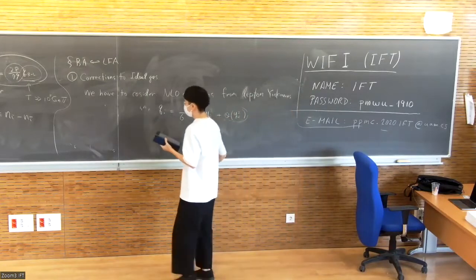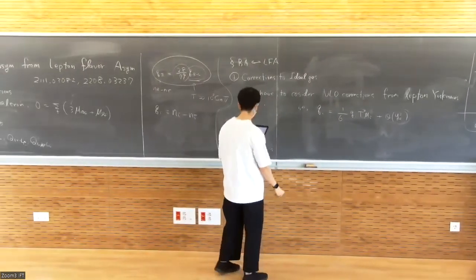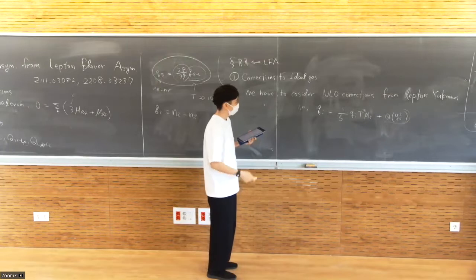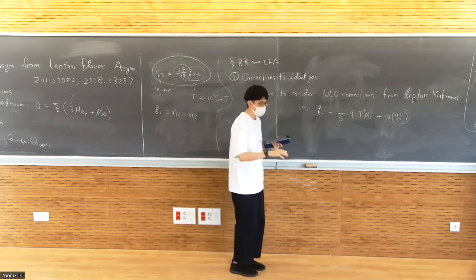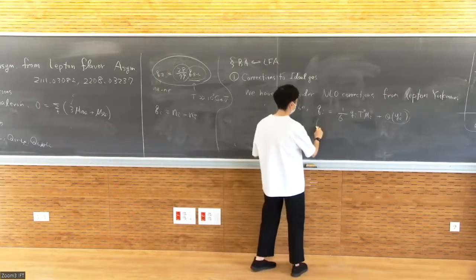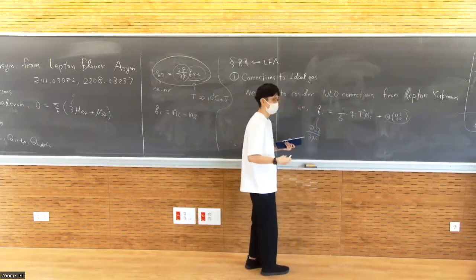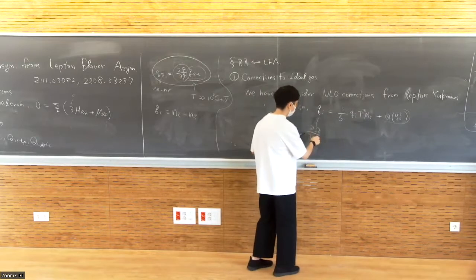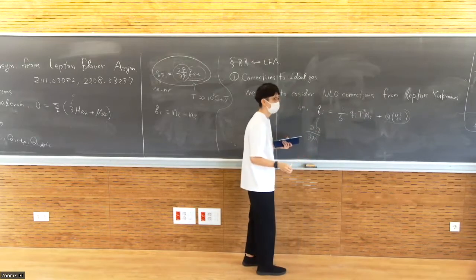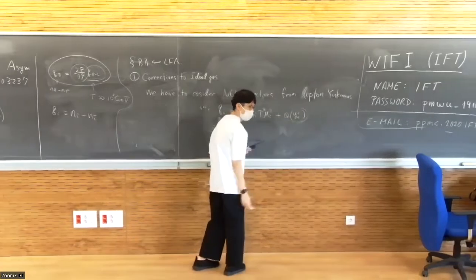Okay. I want to explain how to calculate this, but it's difficult to explain within these 45 minutes. The basic idea is to just compute the grand canonical ensemble at the next leading order. Then the charge should be given by the derivative of the partition function of the grand canonical ensemble. If you compute the log of this grand canonical partition function at the next leading order level, then you can systematically take this effect into account.